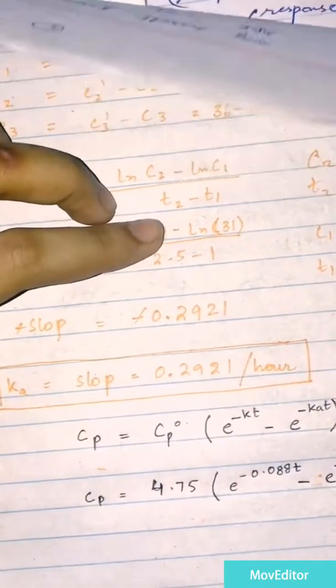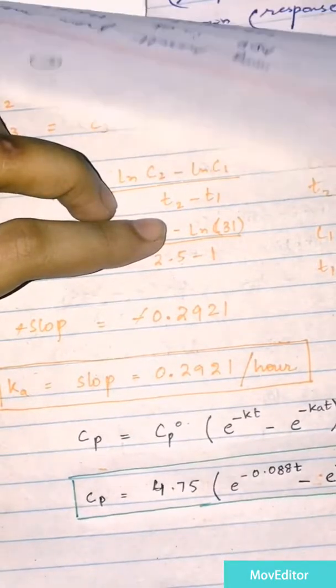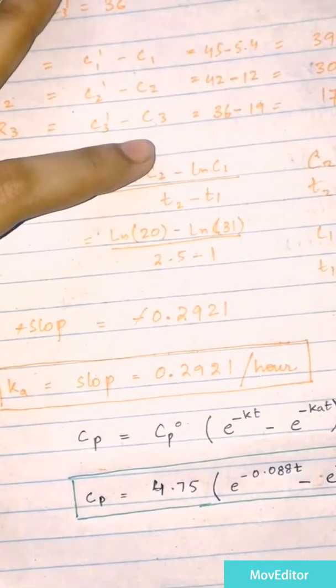So this is the equation that best describes the plasma concentration of the new drug benzodiazepine.